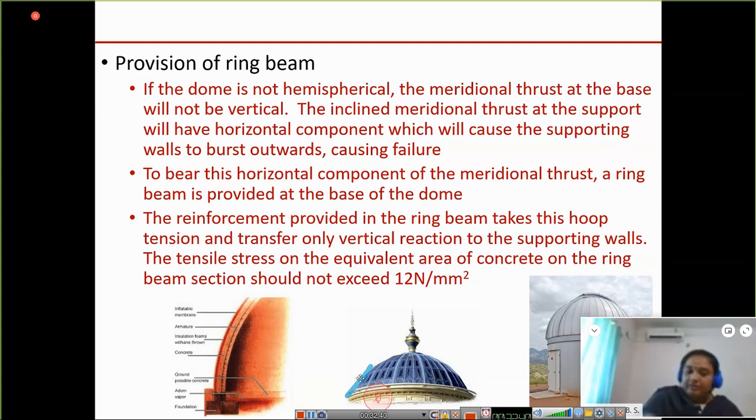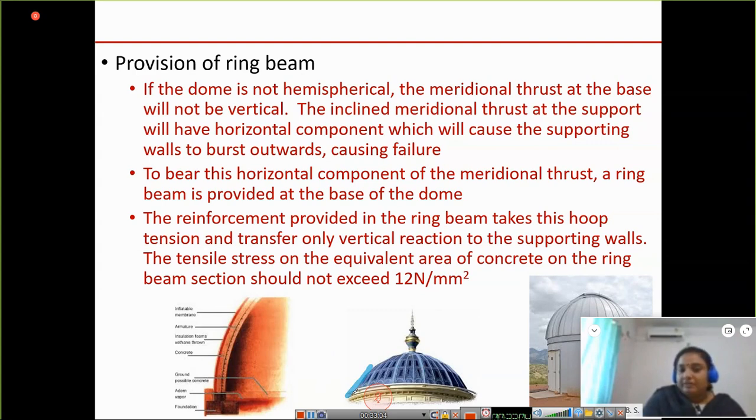The vertical component will go directly to the support, whereas we need something to take care of the horizontal component. To take care of that horizontal component, we provide a ring beam, a beam in the form of a ring at this junction point.